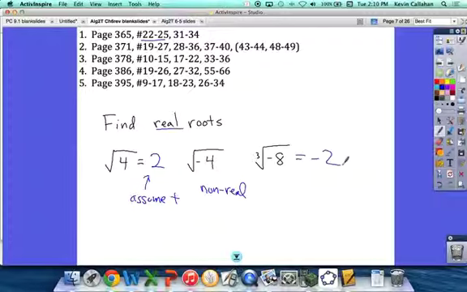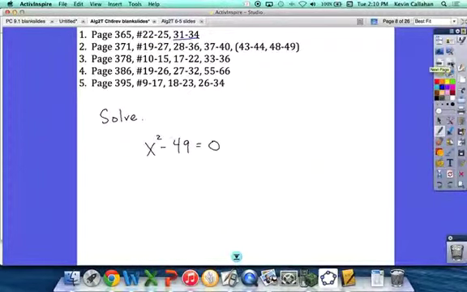Right. So that's different than this kind of problem. If you're asked to solve a quadratic like this, and let's just say you solved it by adding 49 and then taking the square root of both sides, then you have to say plus or minus 7. When you take the square root, you have to say the plus or minus. When they give you a square root, you assume they mean the positive.